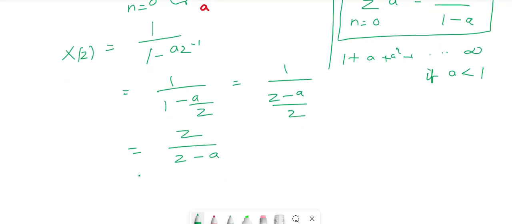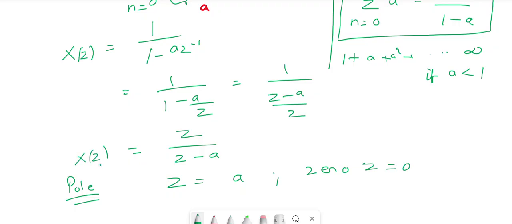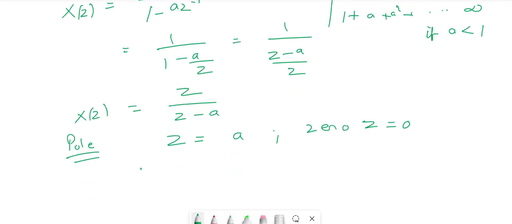Now what is a pole? The denominator determines the pole, so z equals a. What is the zero? z equals 0.